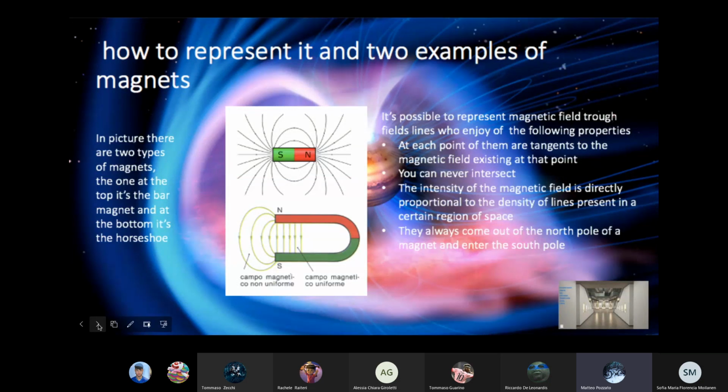You can never intersect them. The intensity of the magnetic field is directly proportional to the density of lines present in a certain region of space. They always come out of the North Pole of a magnet and enter the South Pole.